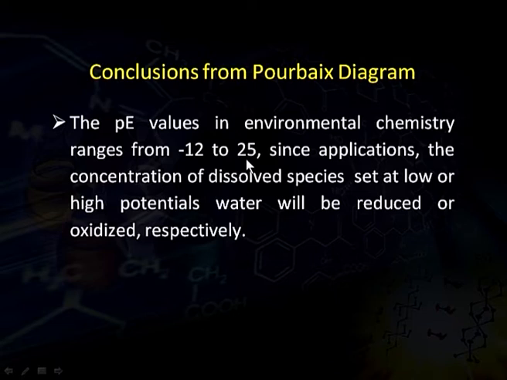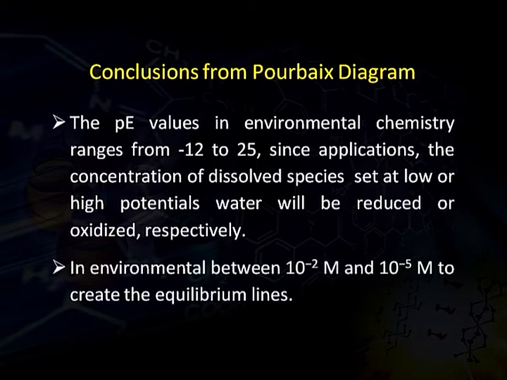The pE value in environmental chemistry ranges from -12 to 25. In applications, the concentration of dissolved species set at low or high potential, water will be reduced or oxidized respectively. In environmental work, concentrations between 10 to the power -2 molar and -5 molar are used to create the equilibrium line.